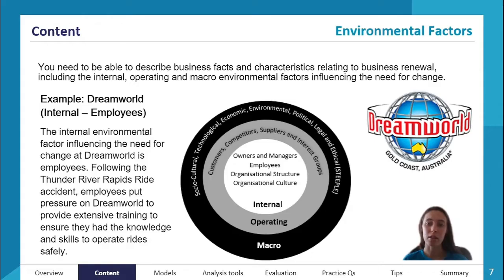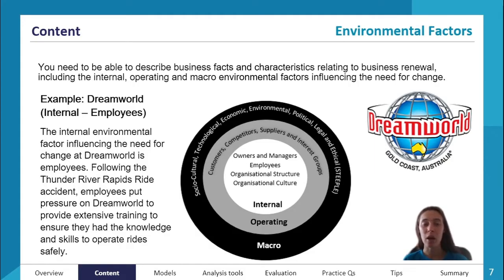And that was also relating to business renewal, because Dreamworld really suffered as a result of that incident in terms of their reputation and their sort of record in the public eye. So that they needed to change, and the employees were directly behind that.